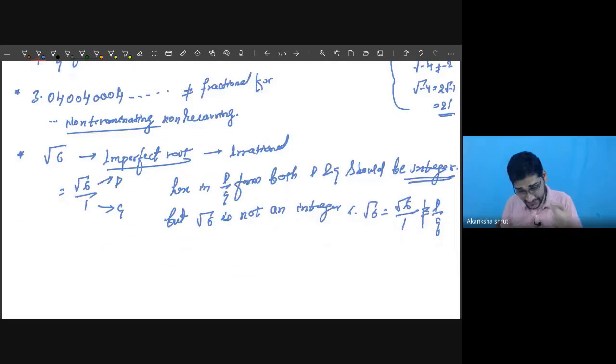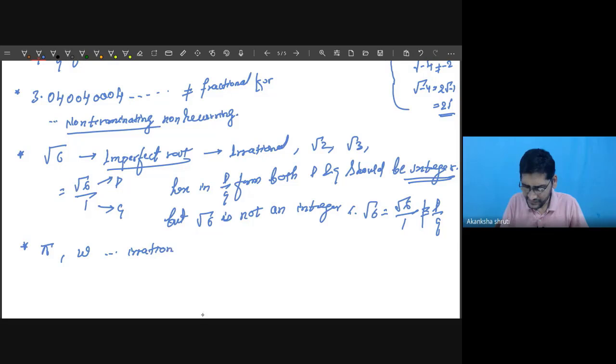Students, the other one is that there are certain constants like pi and omega, all those. Even all the other imperfect roots like root 3 and root 2, if the root cannot be removed, then all of them are irrational. So these are also irrational.